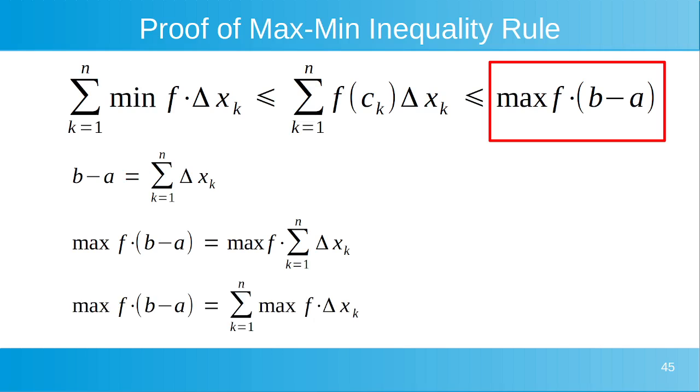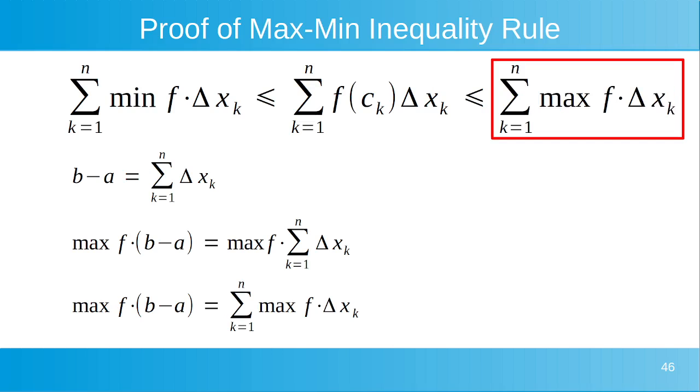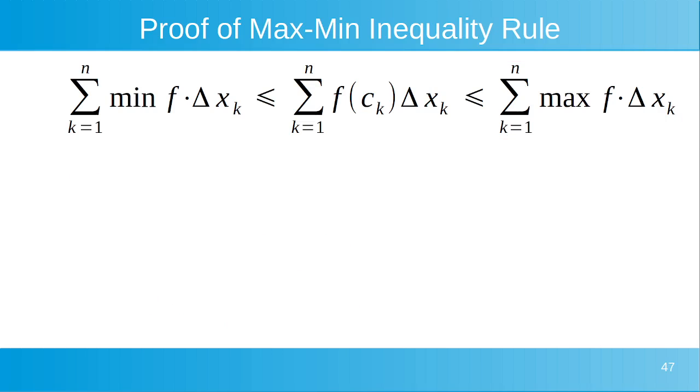So we can express max f times b minus a as being equal to the sum from k equals 1 to n of max f times delta xk. And we replace max f times b minus a in the inequality above with this sum in sigma notation in the red highlighted rectangle. So now we've changed our inequality at the top of the screen here.